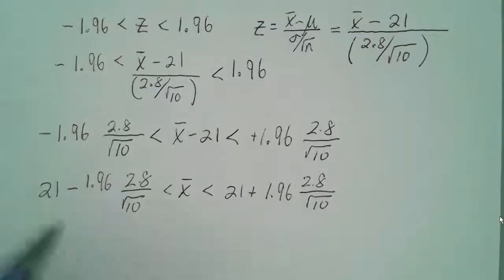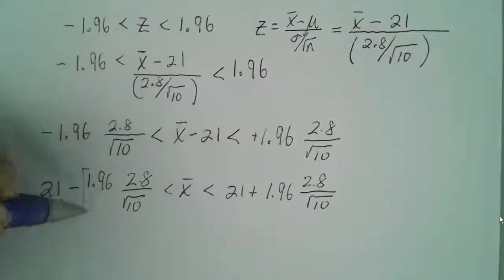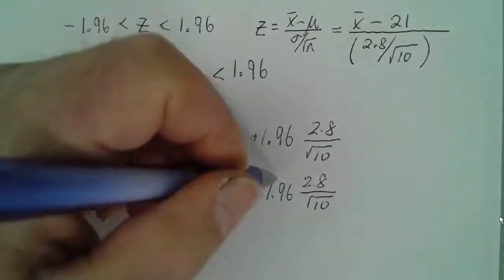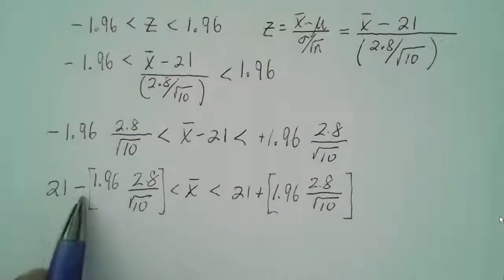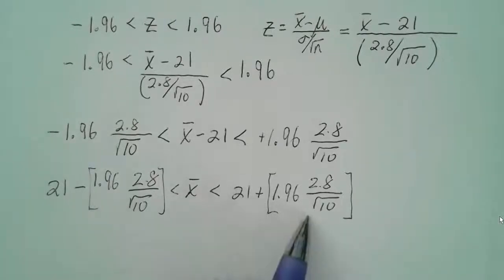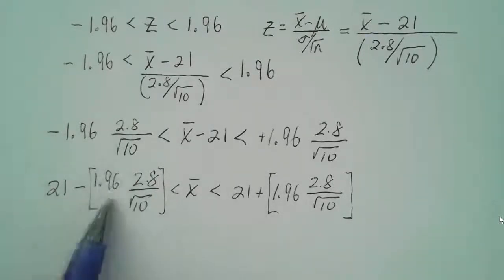And we notice that this part right here is actually the same. It's just on the left side we're subtracting it, and on the right side we're adding it. So let's compute this on our calculator, and then we'll subtract and add that to 21, and we'll have our answer.